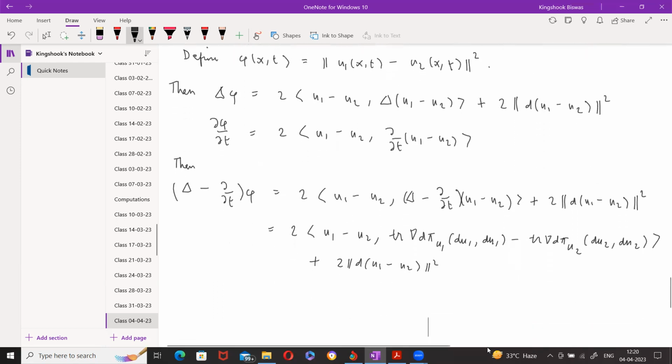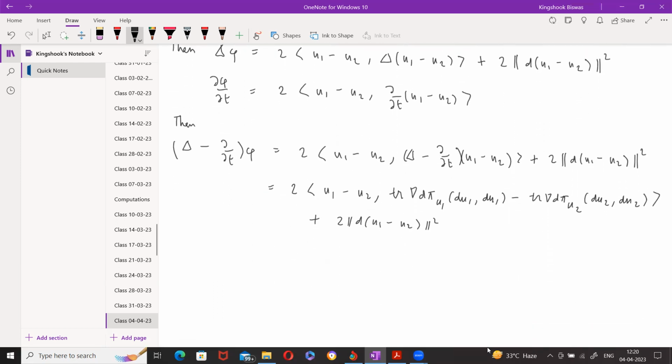So now this difference between these two traces, I break it up into a sum of differences. So this will be twice inner product u1 minus u2, trace of nabla d pi at u1 of du1 du1 minus, I'll put in a trace of nabla d pi at u2 of du1 du1. So I've changed this du2 du2 to du1 du1.